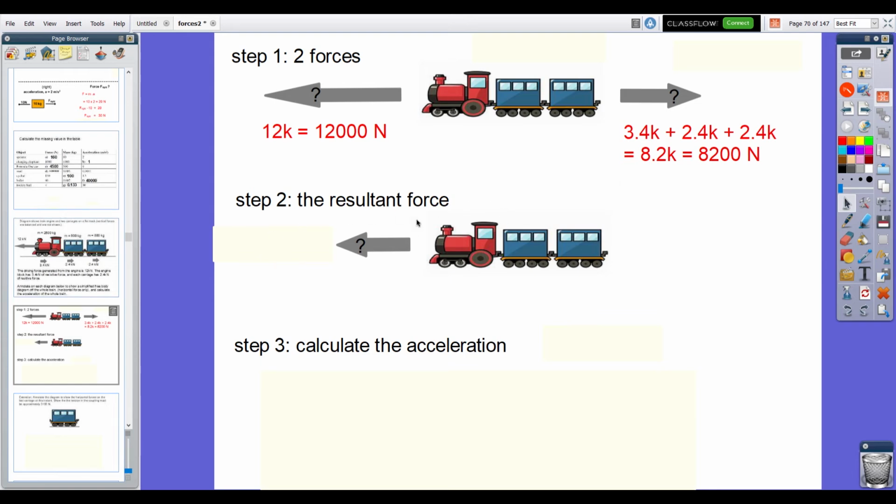Now we can just get rid of the 2 forces and replace them with our resultant force. 12,000 minus 8,200 tells us that the overall horizontal force is to the left, and we've got a horizontal force of 3,800 newtons.